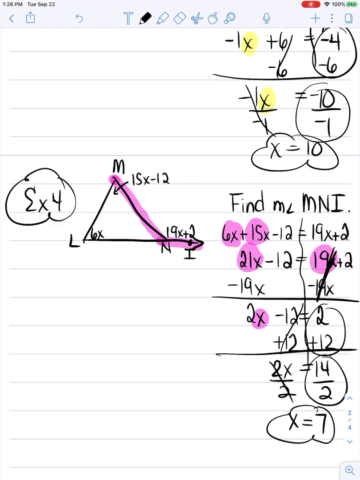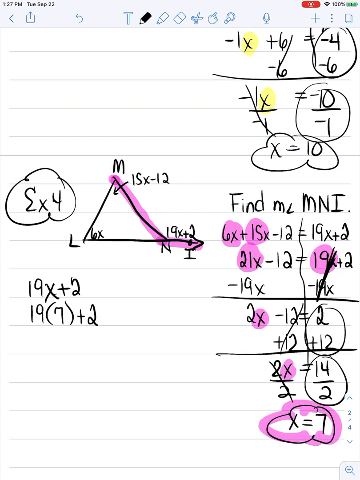So I have solved for x, but the question says, find the measure of angle MNI. So I'm not quite there yet. So when I look at MNI, I notice that it's 19x plus 2. So I'm going to take what I found x to be and plug that in. So this becomes 19 times x is 7 plus 2.